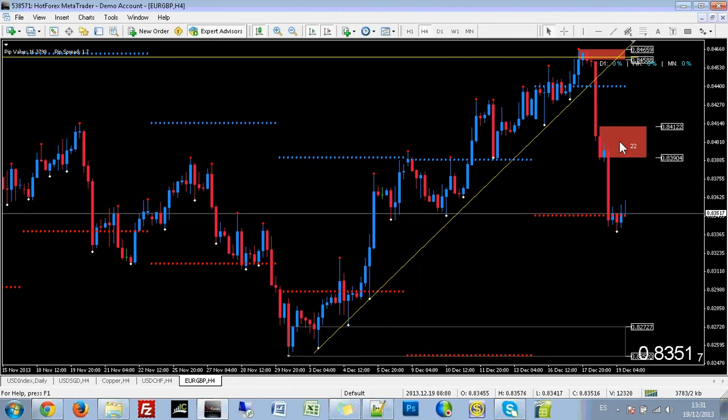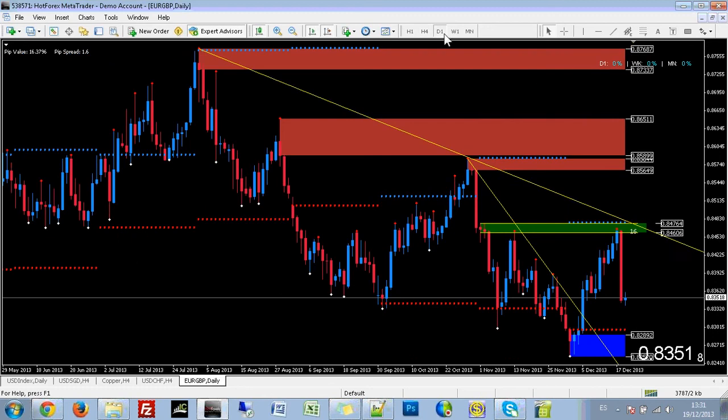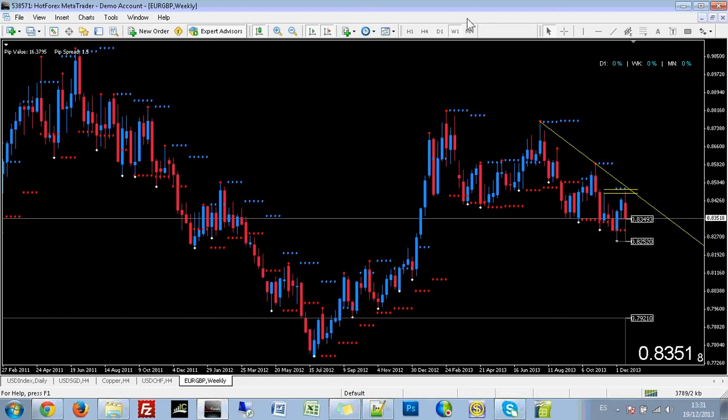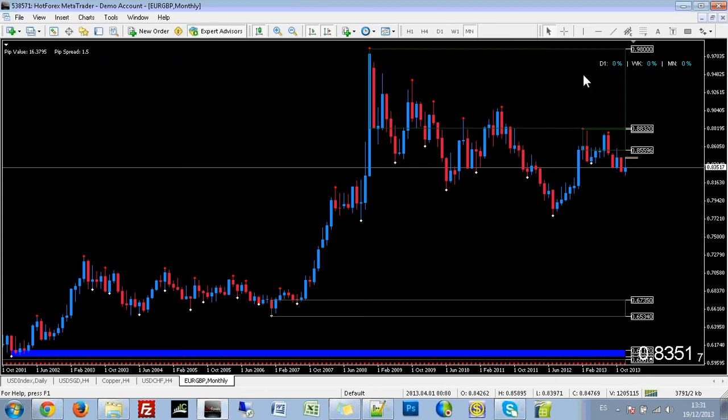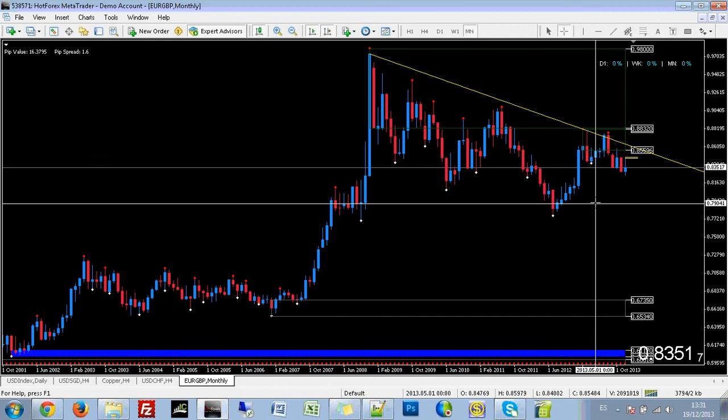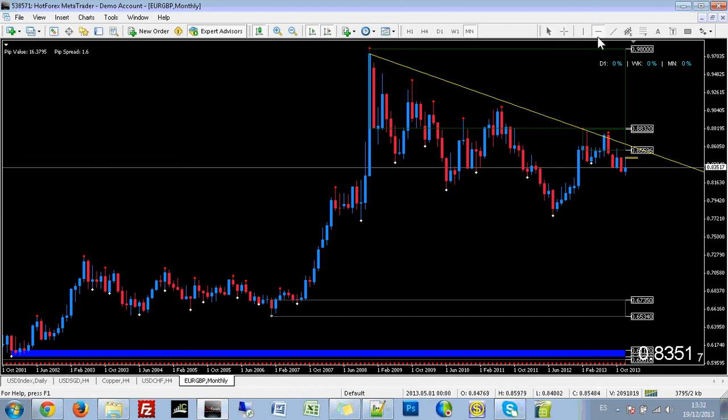We removed this low, so this is a valid area. If we hadn't removed this low, then the CP pattern of supply would not be valid. It is great because the daily is down, the weekly is down, the monthly is down, and we have plenty of room to reach down here, minimum.